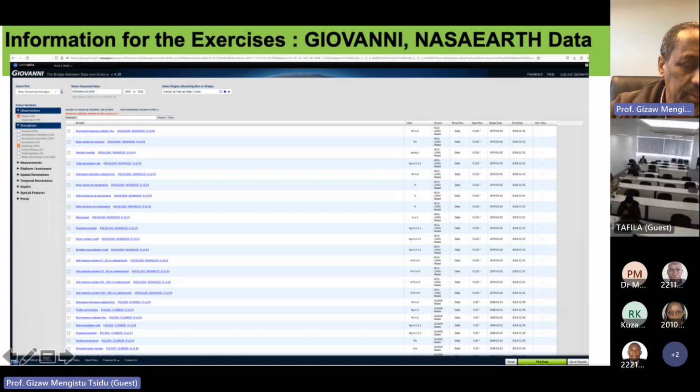There are different tools. Under observation, you have model. In this figure, if you are able to see, there are about 430 model data, 430 different kinds of model data that are usable.